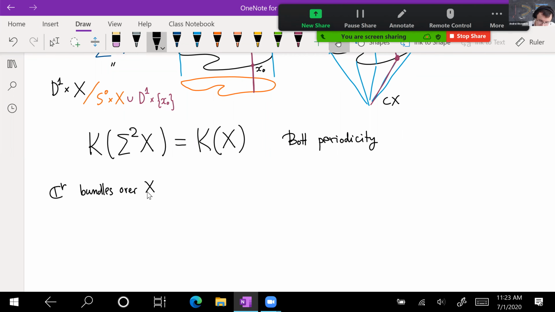How can I think about it? I have this X, and I have a bundle V over that of some rank. Well, if I pick enough sections, I can write any bundle as a quotient of some trivial bundle of some rank, and then there's a kernel.